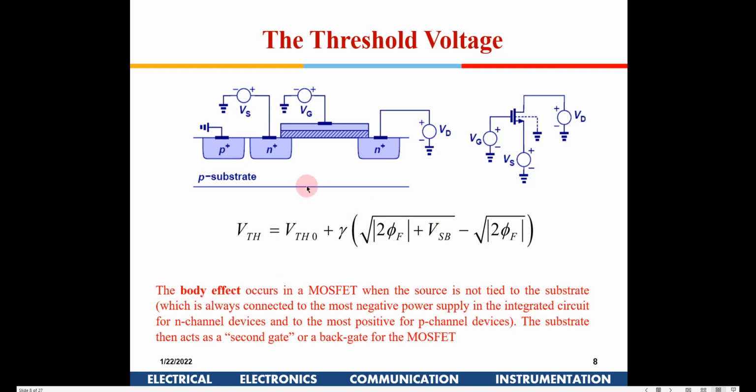So it acts like one more gate with a negative potential, a back gate on which a negative potential is applied. So what will that do? You now have 2 gates, one giving positive and the other giving negative.